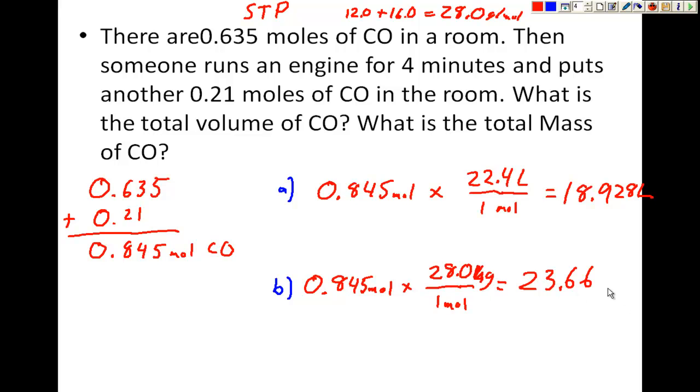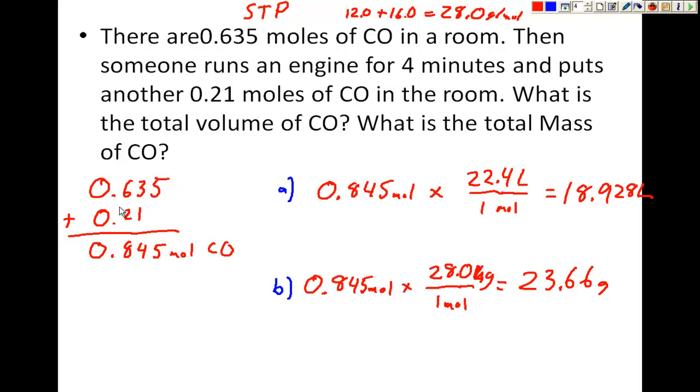So 23.66 grams I have right here. So for our part A, what is the total volume? 18.928. And what is the total mass? 23.66. Now we're not quite done yet, because we always need to think about our significant figures.